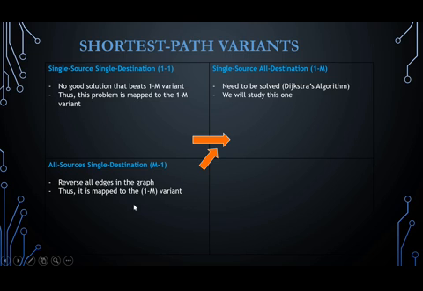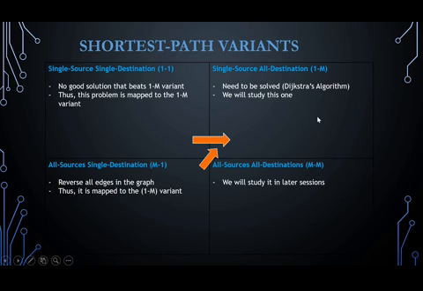So here if at all I just reverse the solution from the Dijkstra's algorithm, I will be able to find this solution for this particular problem. So this variant also maps itself to 1M, right? So all these three variants can be solved with a single variant 1M by using Dijkstra's algorithm.